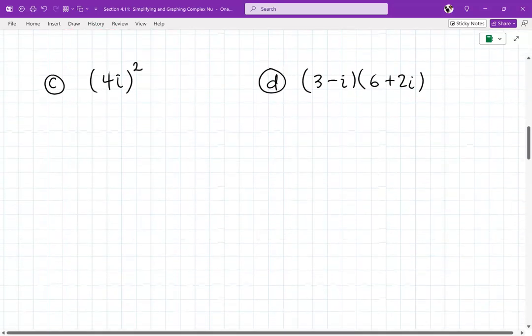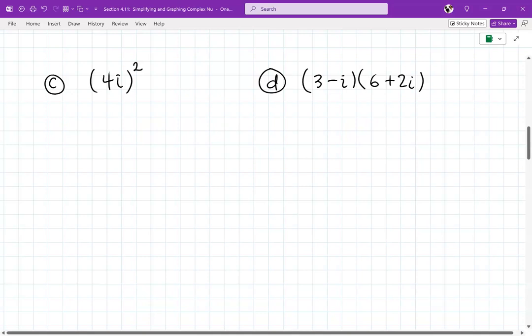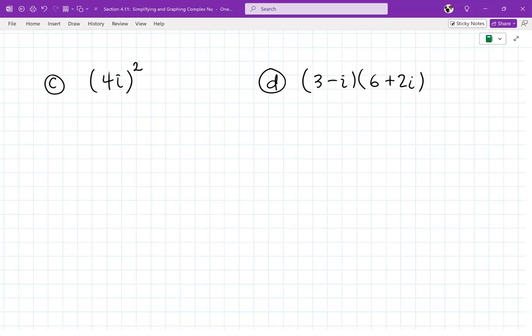All right, now 4i quantity squared. Okay, now for part C, 4i quantity squared. The square means to rewrite it twice. Okay, or you could just distribute the power of 2 since it's a product on the inside, but sometimes people get confused with that. So I'm just going to rewrite it 2 times.